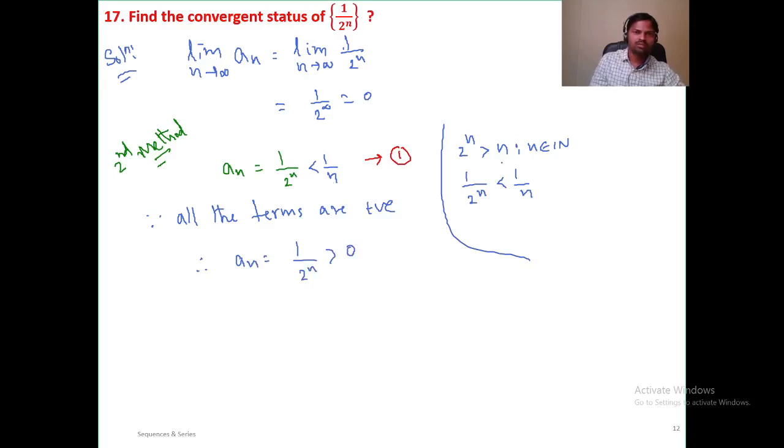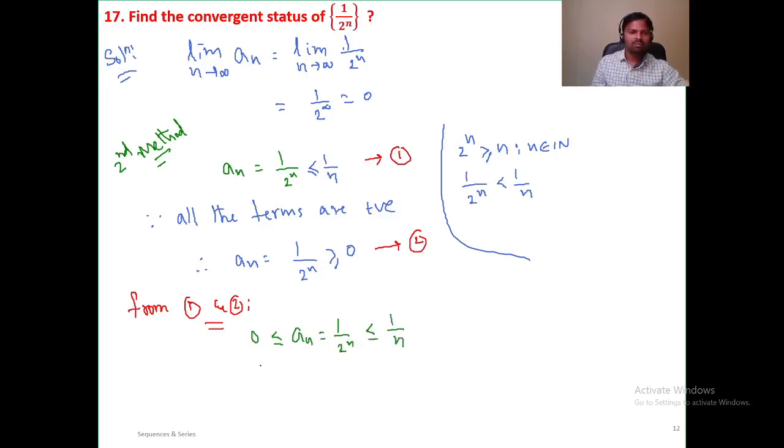So it is more than or equal to 0, and the upper bound is less than or equal to 1 by n. Let's say this is number 2, the second inequality, since all terms are positive. Now from 1 and 2, what I can say is 0 is less than or equal to an, which is 1 upon 2 raised to n, which is less than or equal to 1 upon n.